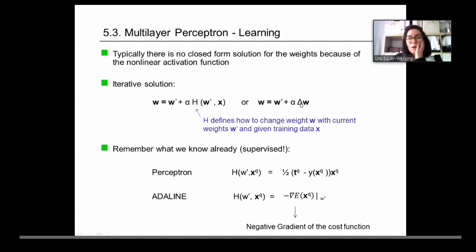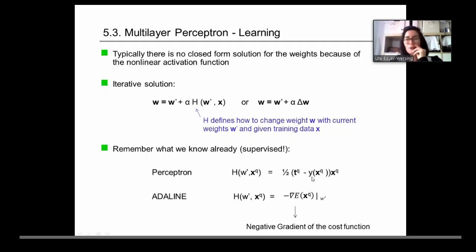Okay, so remember what we know already for supervised learning. We have the perceptron, this function h. The delta w for the perceptron is calculated as the target value minus the current output of the neuron times the input value, divided by 2.